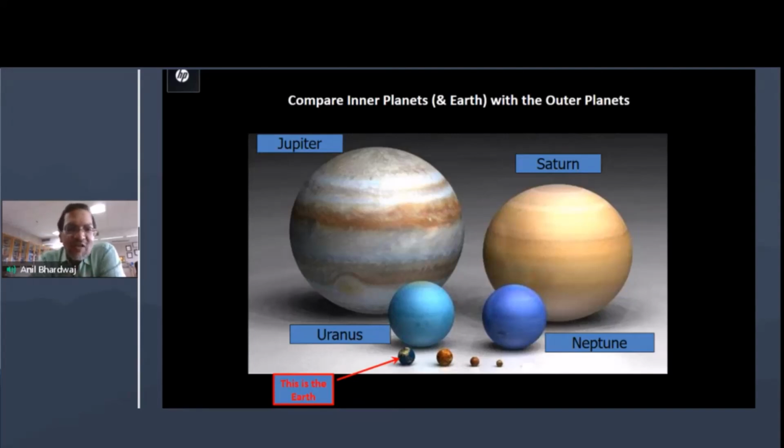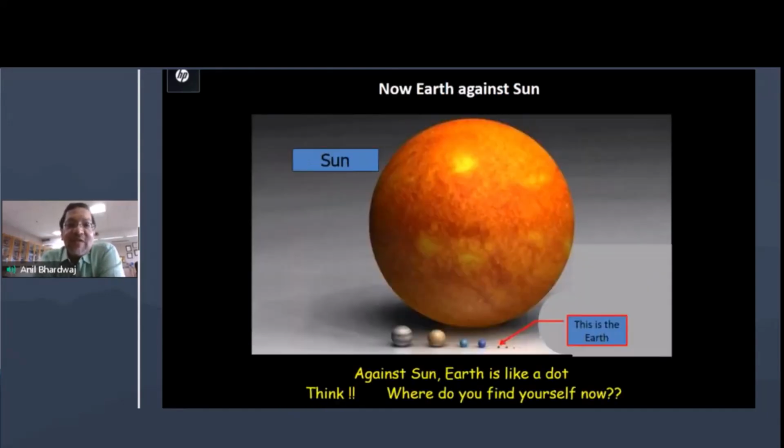You can fit almost 10 Earths into Jupiter. But if you compare this with respect to the Sun, where the Earth is a small dot lying over here, you can say almost 100 Earths can fit inside the Sun. So this gives an idea about the relative sizes of the planets among themselves and with respect to the Sun.